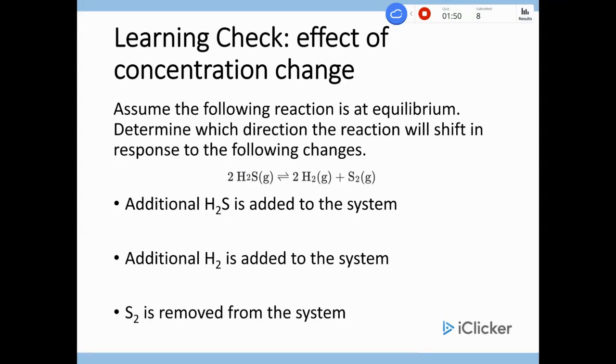Just a quick question. This is additional H2S, right? So you need two, right? It will, yes, but I think it's maybe more straightforward to think of H2S being added, so is that a reaction process?